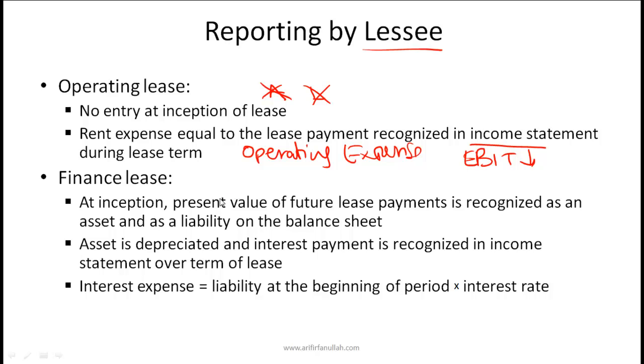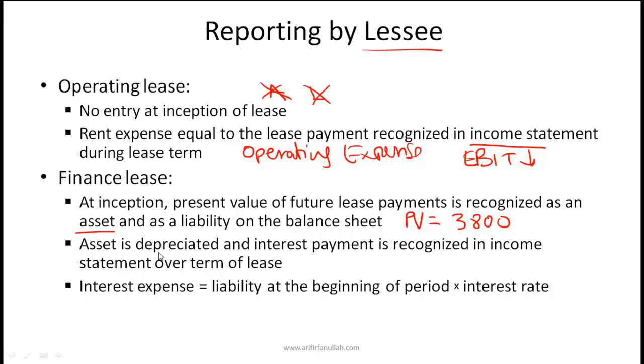With a finance lease, at inception, the present value of future lease payments is recognized as an asset and as a liability on the balance sheet. So for example, if you lease an asset and the present value of all the payments that you are making is say 3,800, then you create an asset worth 3,800 and a liability worth 3,800 on your balance sheet.